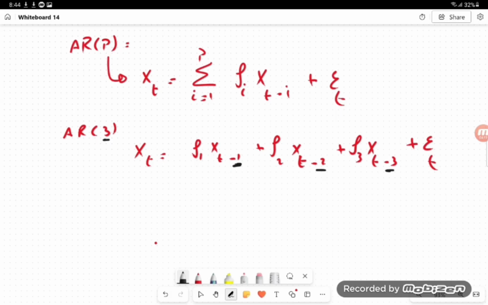The error term is characterized by being white noise, or it has a mean of 0 and variance of sigma squared.